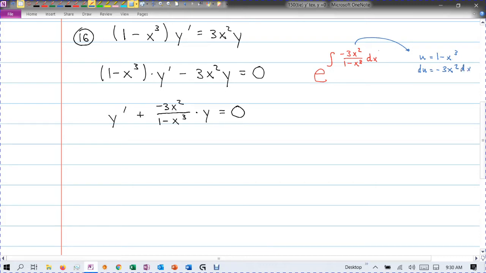So we really just get the integral of 1 over u du. And we already know that's just the natural log of the absolute value of u plus a constant. And u here is 1 minus x cubed.